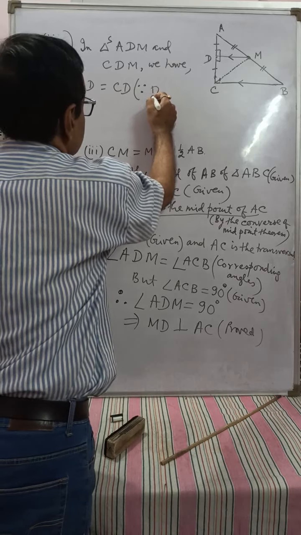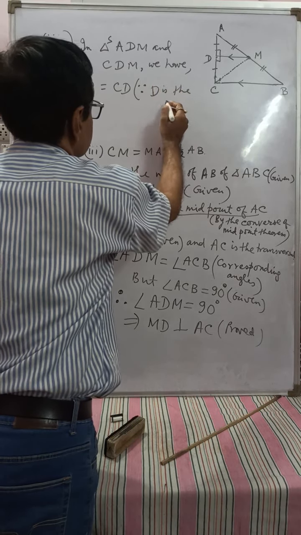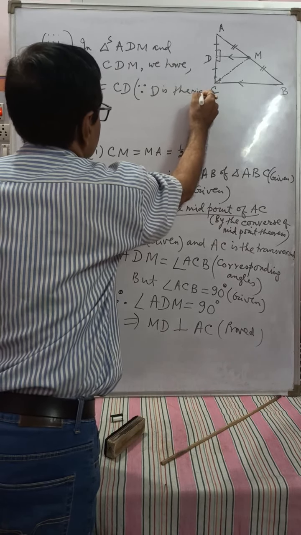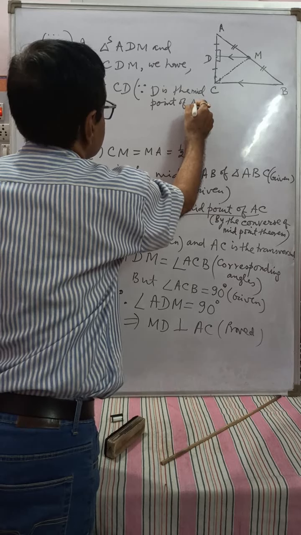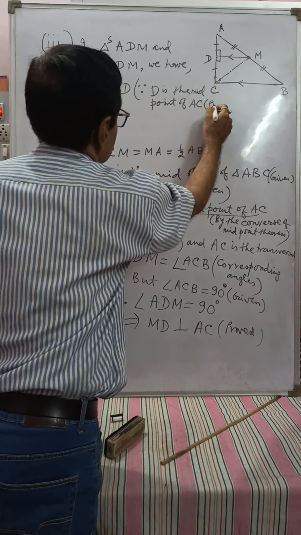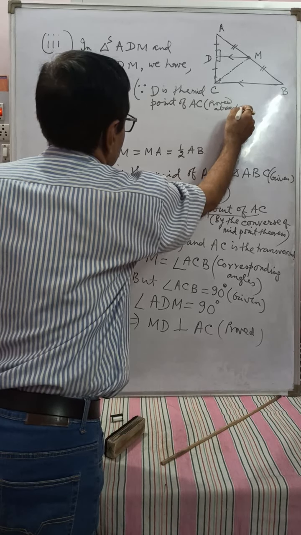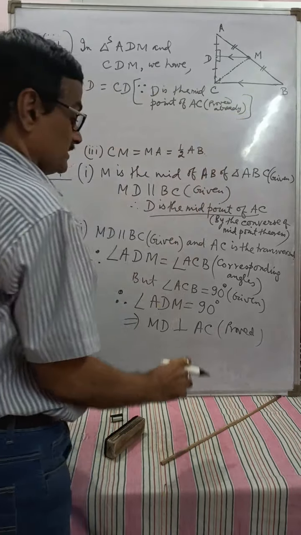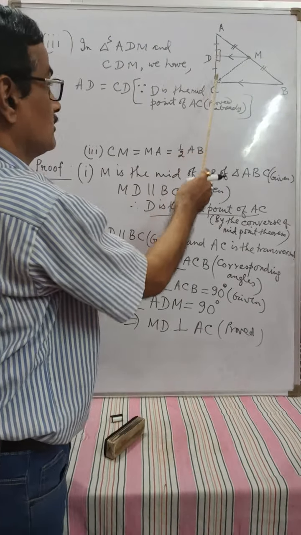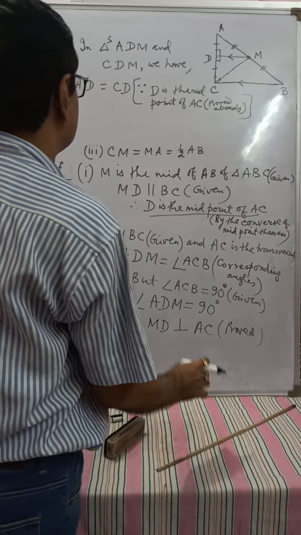Because D is the midpoint of AC, that is proved already. We have already proved that D is the midpoint of AC. That is why AD and CD are equal.